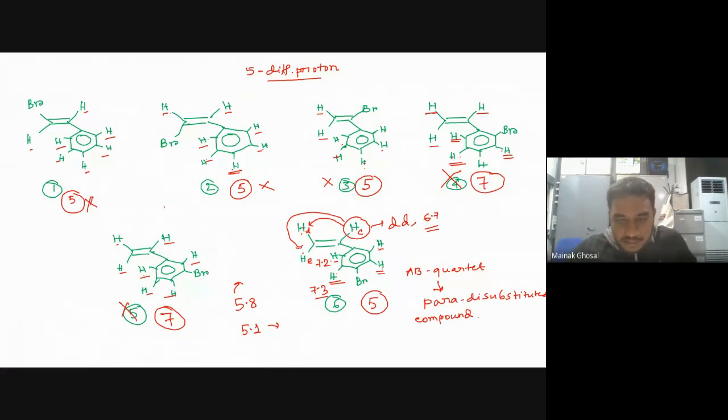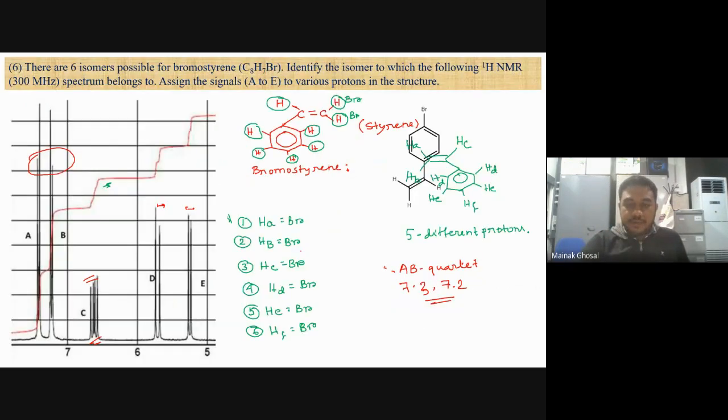Whatever D or E, that is their nomenclature. So whatever you get, this is the structure. I'll just rub it off. This is the isomer of bromostyrene that I was talking about, which will give you peaks like this. Okay.